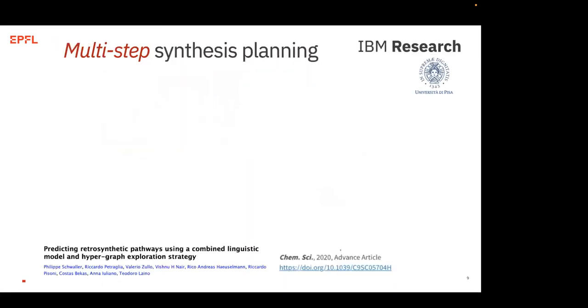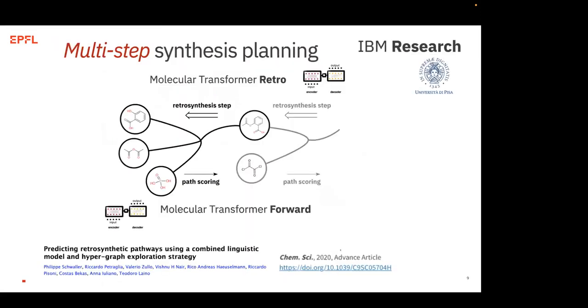At IBM Research, I worked on that a little bit, using the molecular transformer I had presented last time. We basically had a model that could go from target molecules and predict back precursor molecules, and another forward prediction model that would score the different paths, and iteratively we can build up multi-step synthesis plans for diverse molecules.